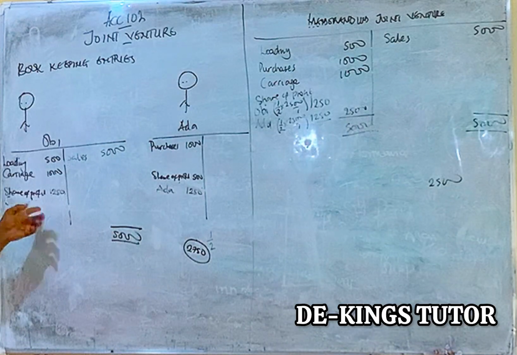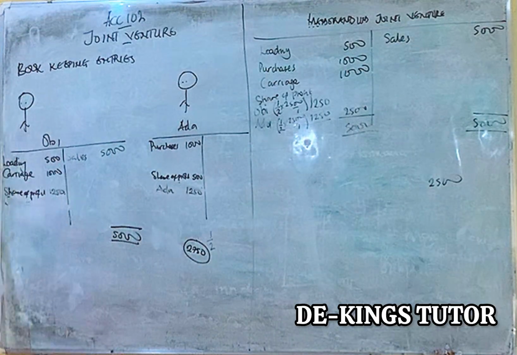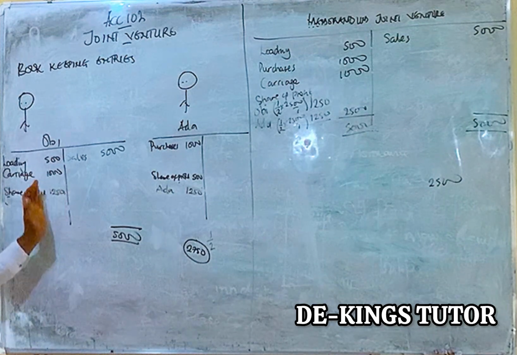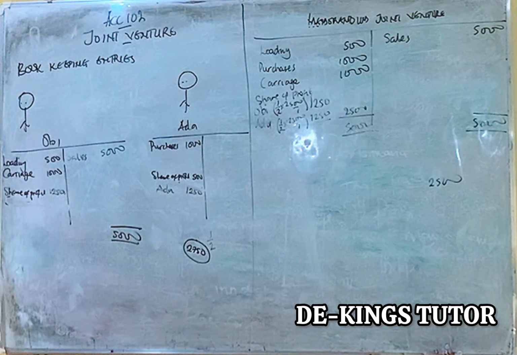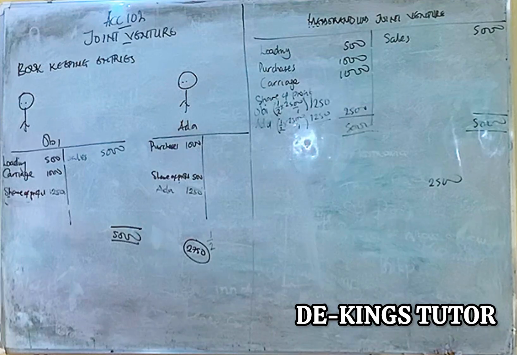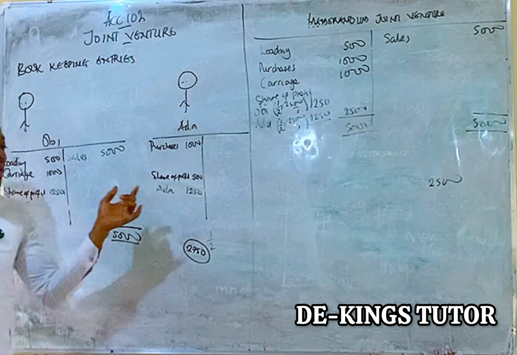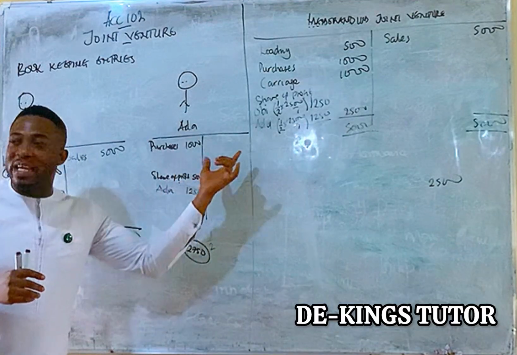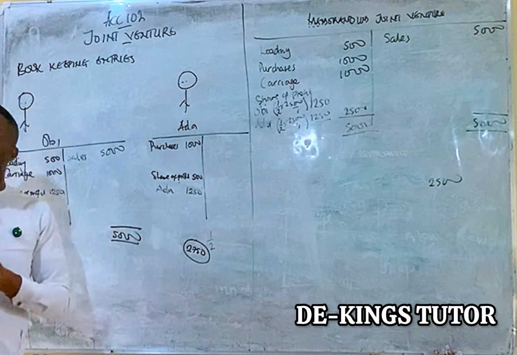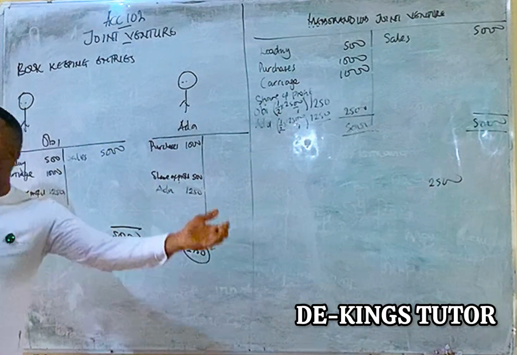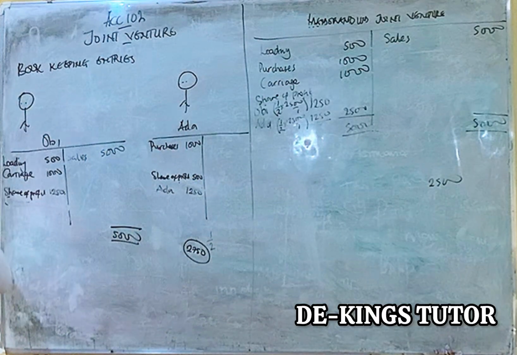Let me repeat. If a co-venturer has a credit balance, meaning his credit side is greater than his debit side, it means he has received more than he is supposed to. If another person has a debit balance, meaning his debit side is greater than the credit side, it means he has received less than what he's supposed to receive. So he's supposed to expect money from the other party.